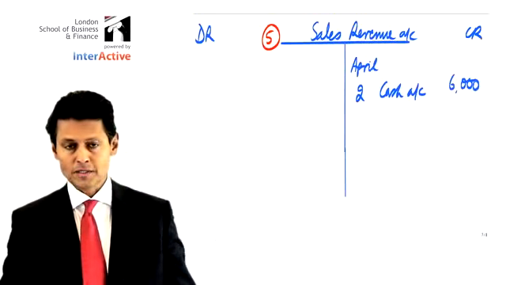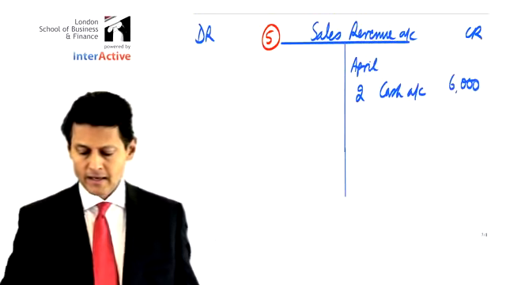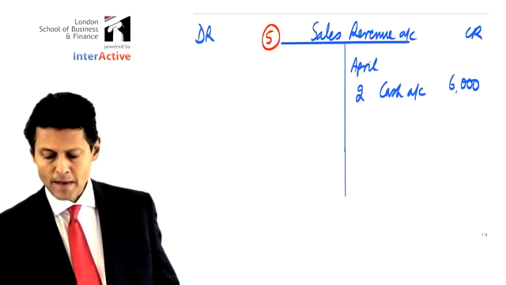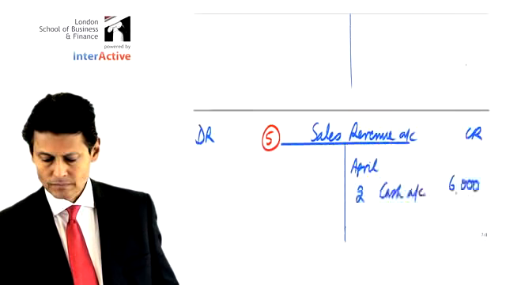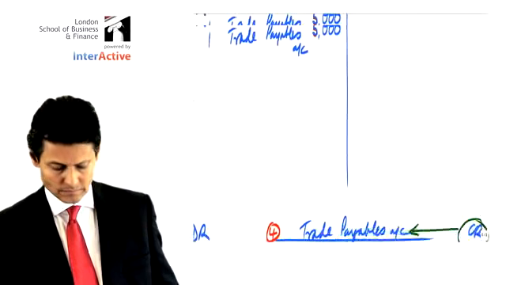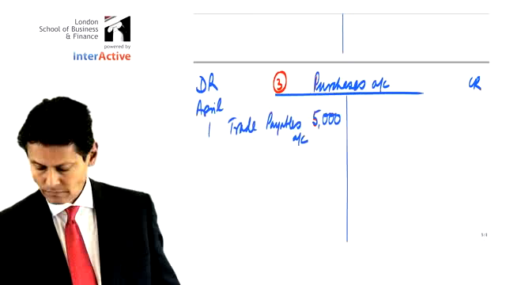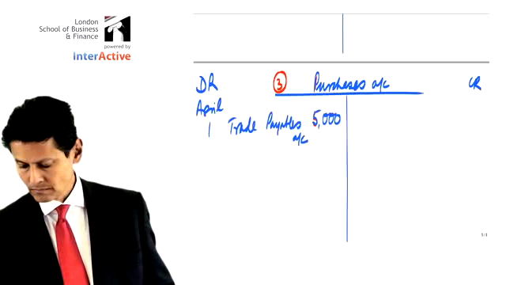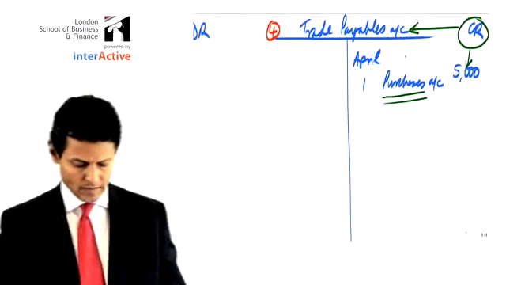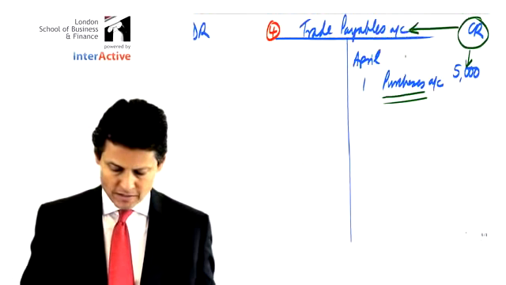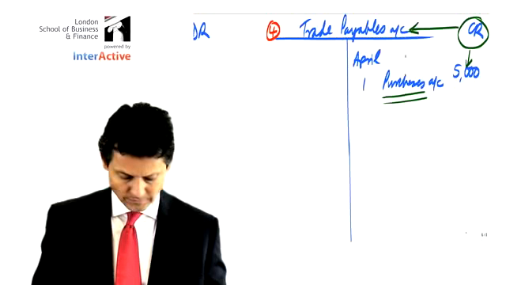Debit trade payables, credit bank. Wrong account. Got to go back. Debit trade payables, 5,000.